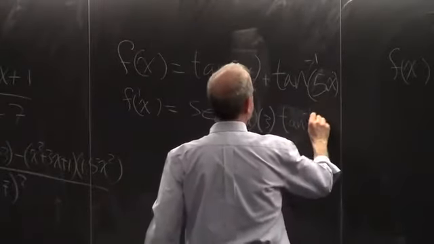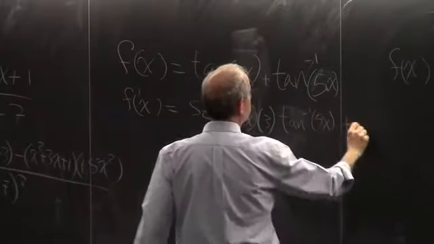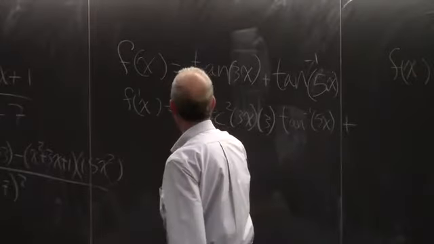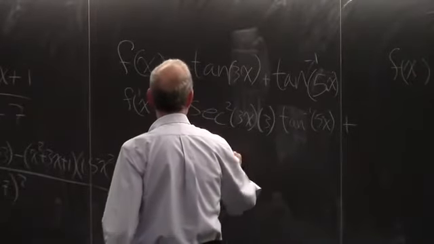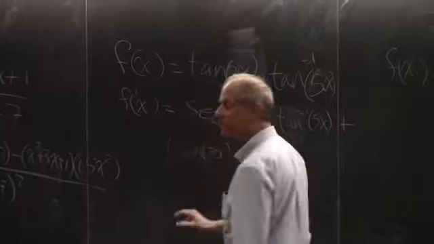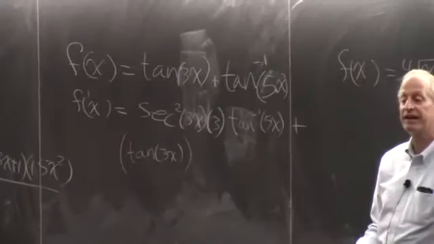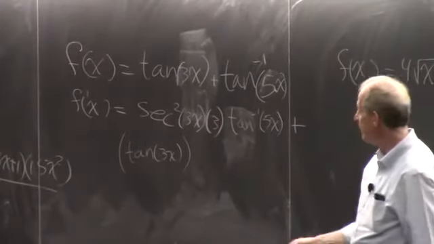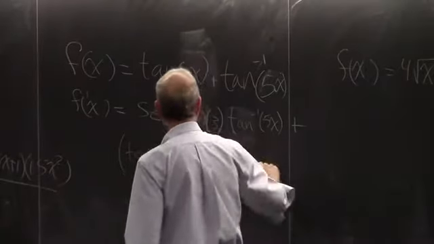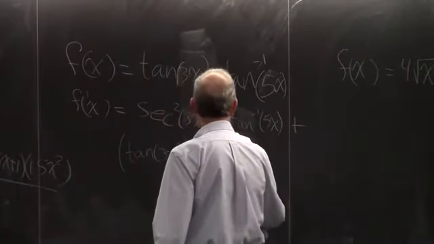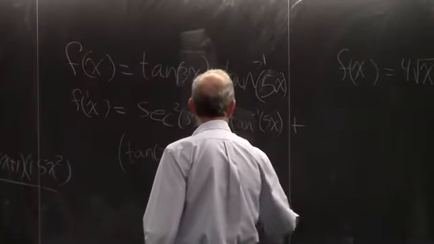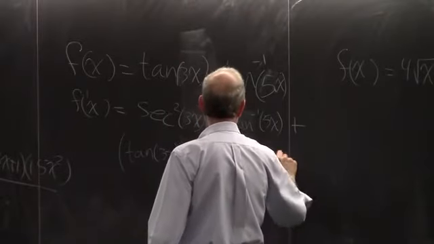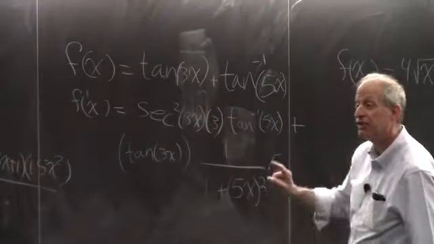Tan inverse of 5x plus, okay, tan of 3x times the derivative of tan inverse of 5x. What's the derivative of tan inverse of 5x? Okay. 1 over 1 plus 5x squared times 5.